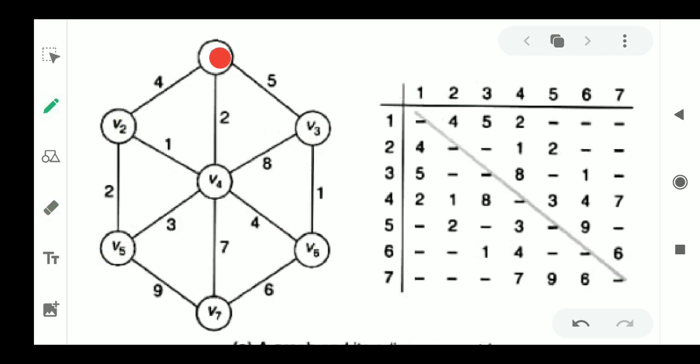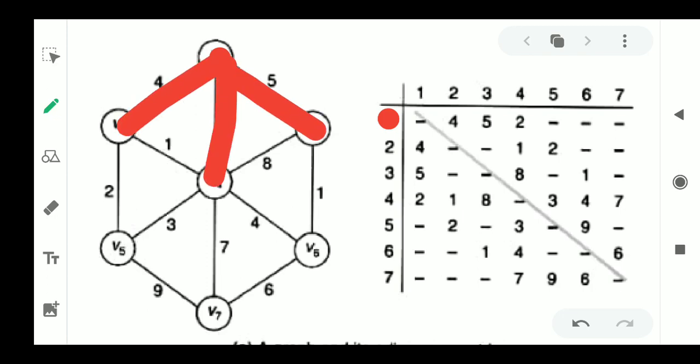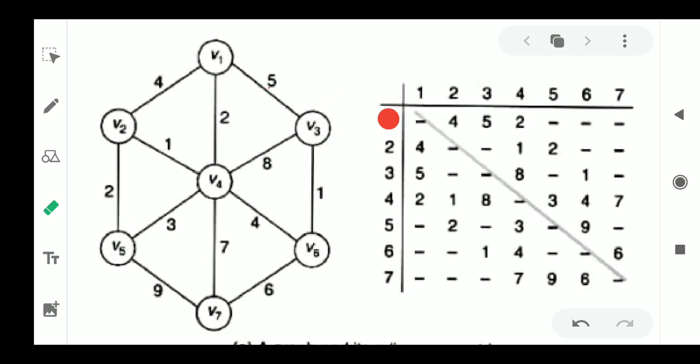Suppose we go to the node V1. We will observe what are the nodes directly connected to V1. So V2, V4 and V3 are directly connected, and we will observe the weights given for those edges.